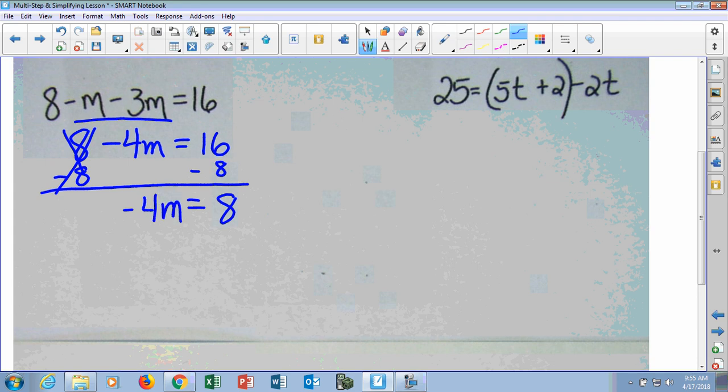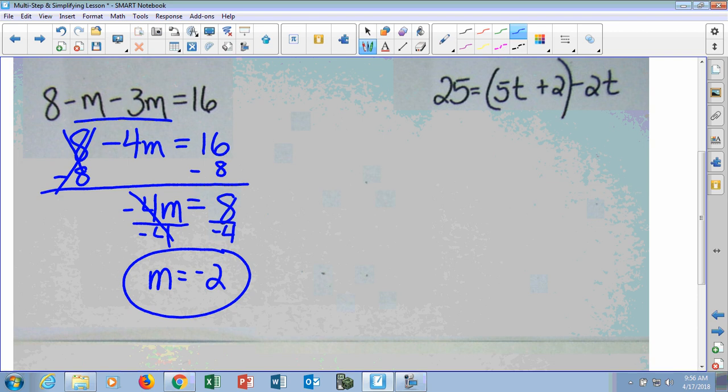All right. Going to divide negative 4 to both sides. Okay, because negative 4 divided by negative 4 is 1. And then? Very good. Very well done. That's it right there.